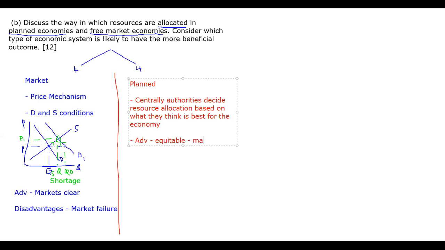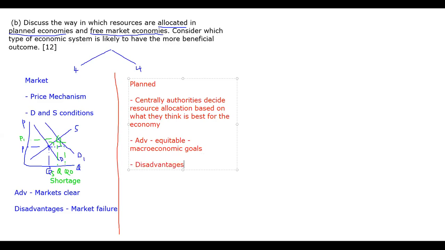They normally take into account macroeconomic goals, so you're less likely to have inflationary pressures and stuff like that because the government can simply control it. You're more likely to have stuff like full employment and so on.